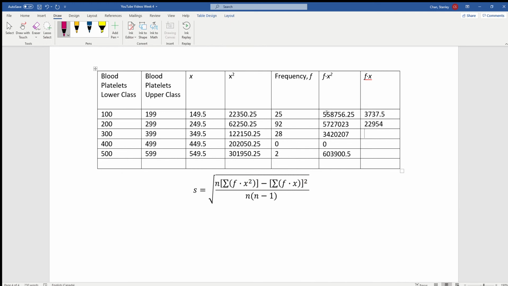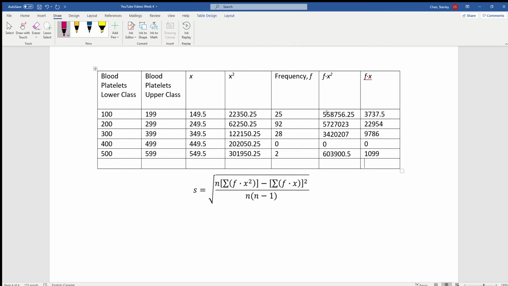What we have next is 28 times 349.5 equals 9,786. Frequency is 0 here, so this will equal 0. Frequency here is 2 times 549.5 equals 1099. Alright, so we're just filling out the table, and now we're going to sum them all up.